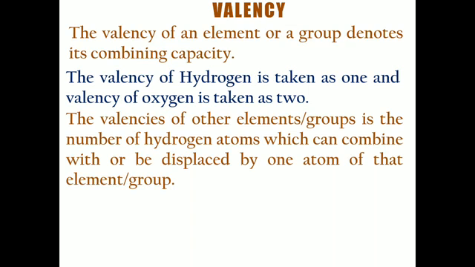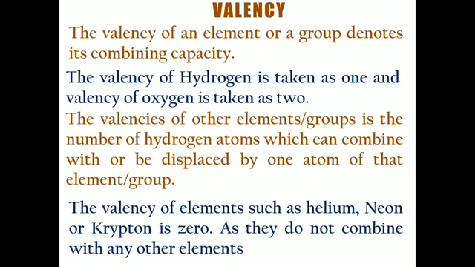Whereas in a compound like CH4, that is methane, carbon is accommodating 4 hydrogens. So the valency of carbon automatically becomes 4, because as per this definition it is accommodating 4 hydrogen atoms in CH4, methane.